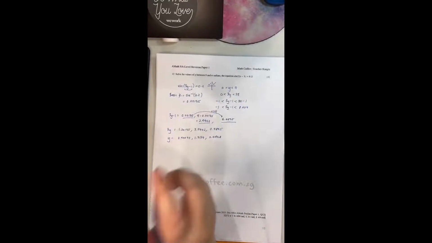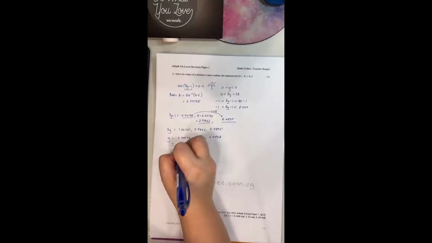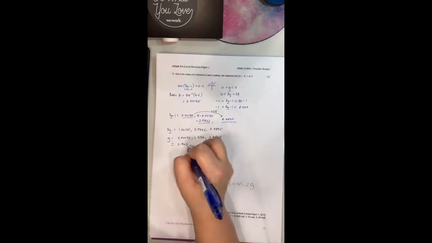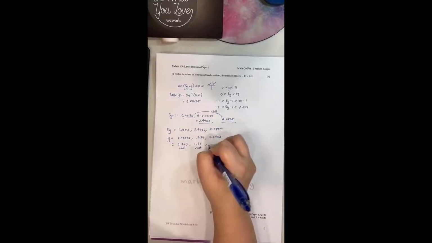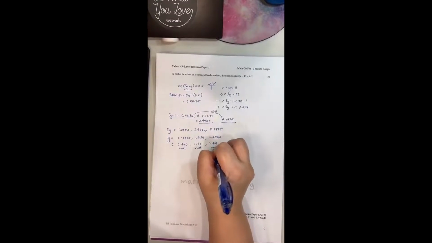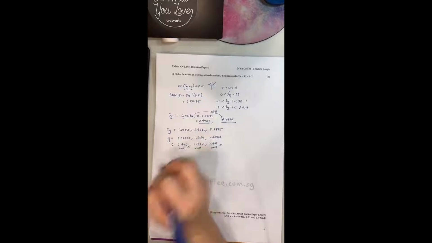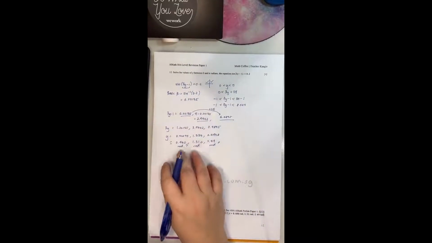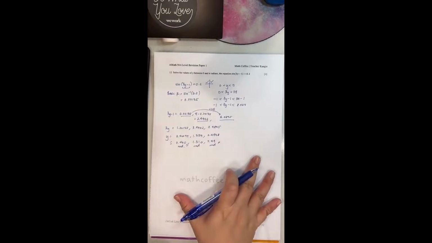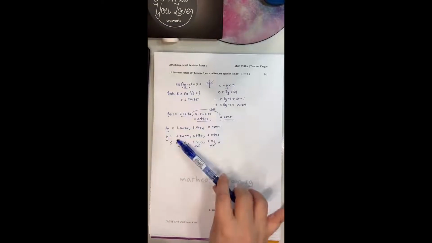This is radian, so round off to 3 SF. So it's 0.400, 1.31, and 2.49. And that will be my 3 answers. Understand? Okay, so this is how you do this kind of question.